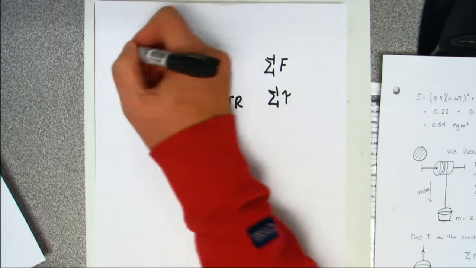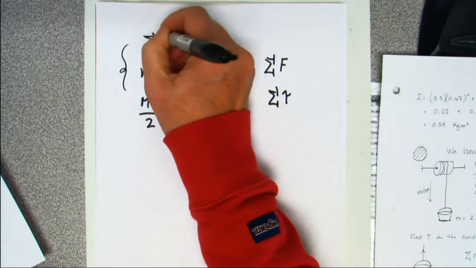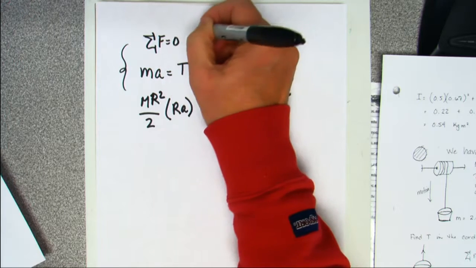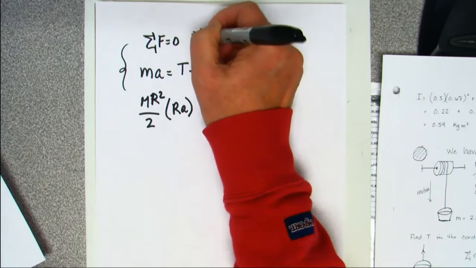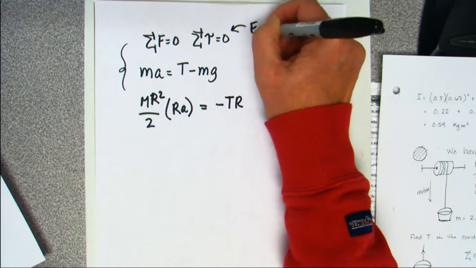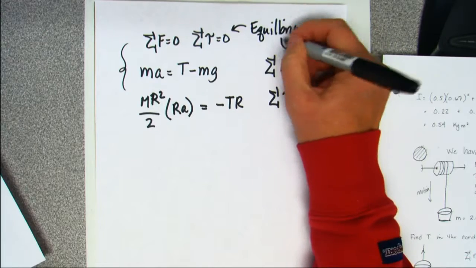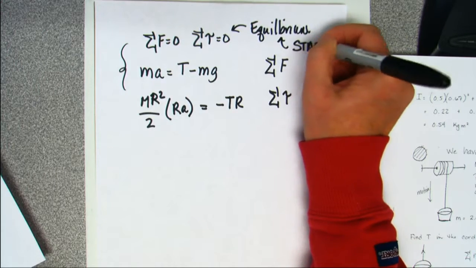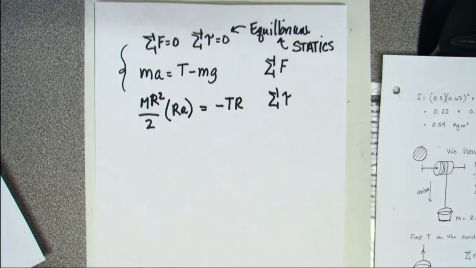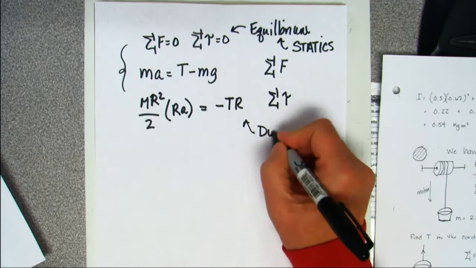These two things, we play with it such that we get the sum of forces is equal to 0 and the sum of the torques is equal to 0 for equilibrium. And this is the science of statics, i.e. I'm just keeping everything in equilibrium. This part where we now have the rotation and the motion, this is referred to as dynamics.